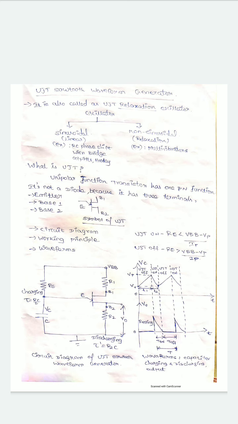That is why it is called a relaxation oscillator. When the capacitor voltage reaches maximum, the capacitor discharges through the emitter terminal of the UJT and through R2, and through R2 we are taking the output. So for the time period T2 we have some output.